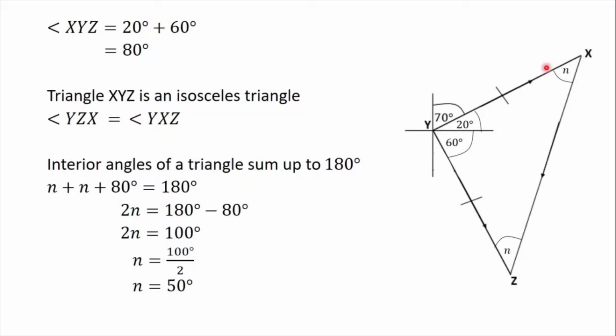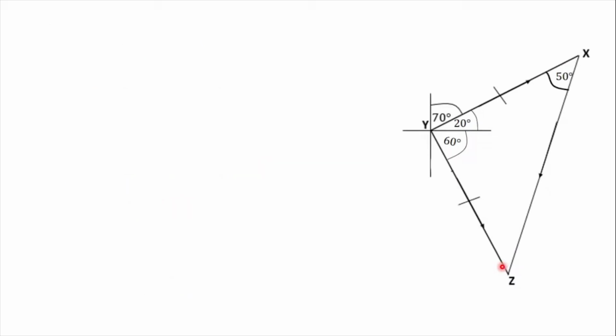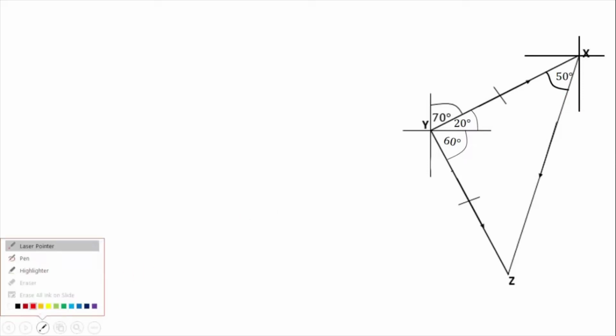So we have been able to find one of the angles here, 50 degrees. Let's move on. Our main interest is in finding this small angle here, so that we can add it to 180 degrees to get the bearing of Z from X. We have been able to find this angle here to be 50 degrees.